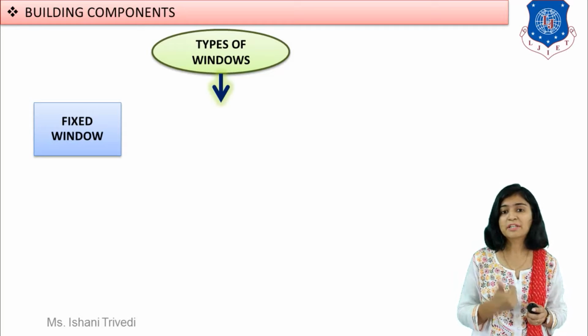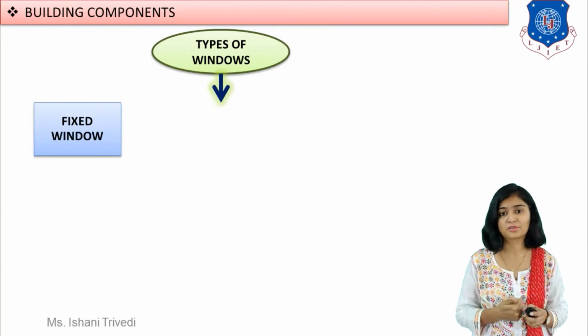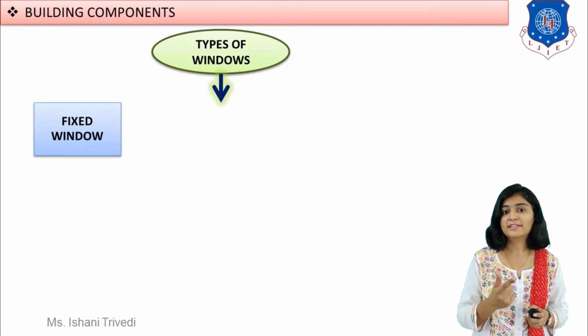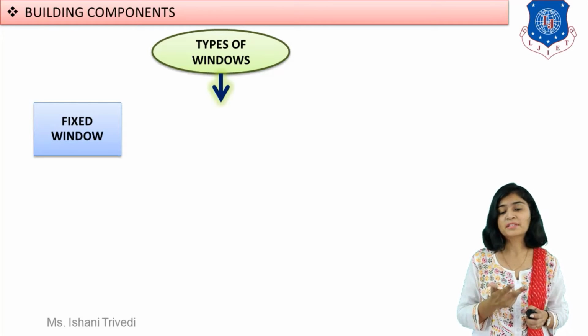But it is nothing but a framework held safe in the vertical opening of the structure for the purpose of ventilation, air circulation and lighting. Because of these 3 purposes, it becomes different from doors, and you will also have different types based on different situations. That type of building component is known as windows.